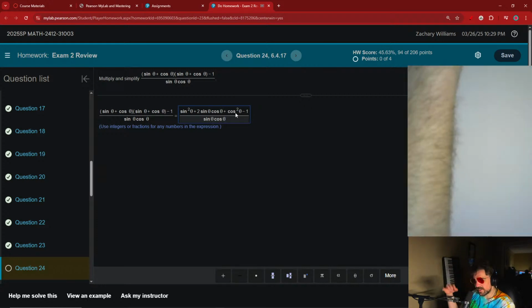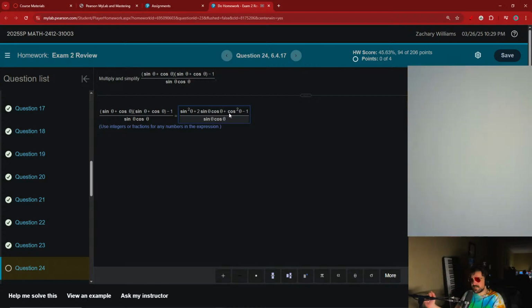Is that a Pythagorean identity? Because I think this just equals sine squared theta again. So this is 2 of those, and get rid of that. And then is that the most simple version?